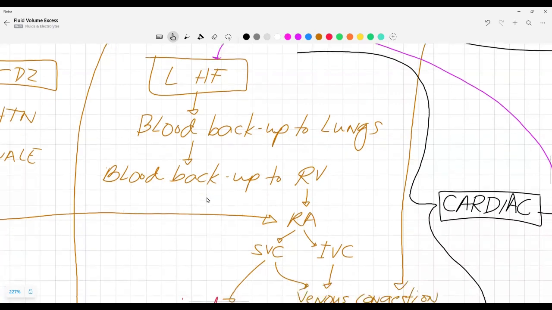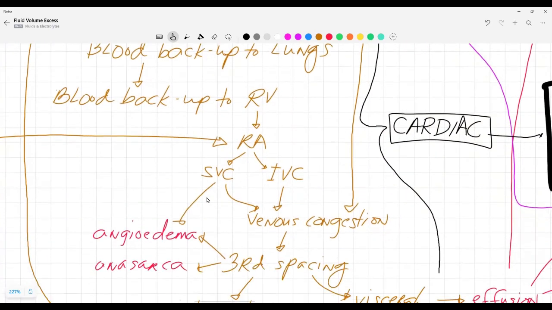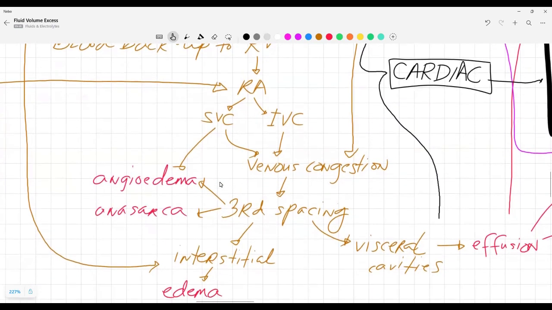It backs up to the right ventricle, to the right atrium, and again to the superior vena cava, which is the upper part of the vena cava, and then that can lead to congestion that leads to angioedema. So venous congestion that leads to edema in the face, that's angioedema.